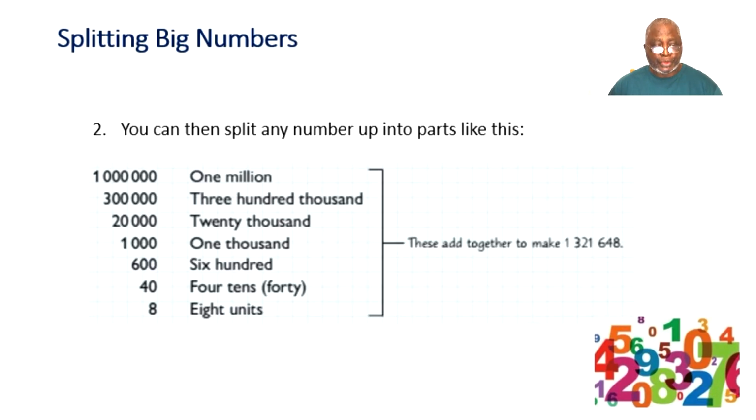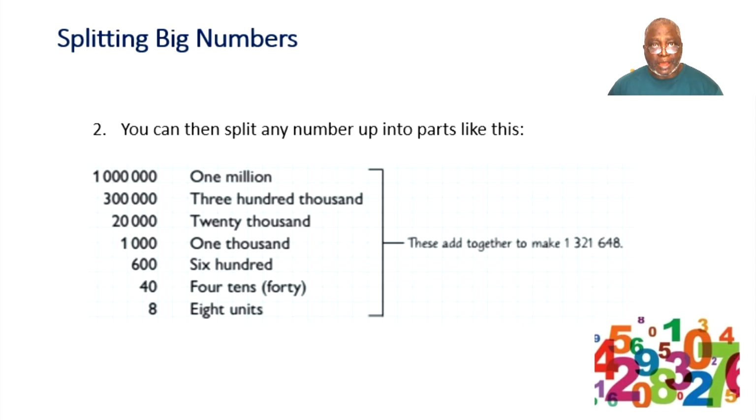Let's look at it more in detail. As you can see here, the 1 million is at the top, the 300,000 next, the 20,000 next, the 1,000 follows, followed by 600, 40, and 8 units.